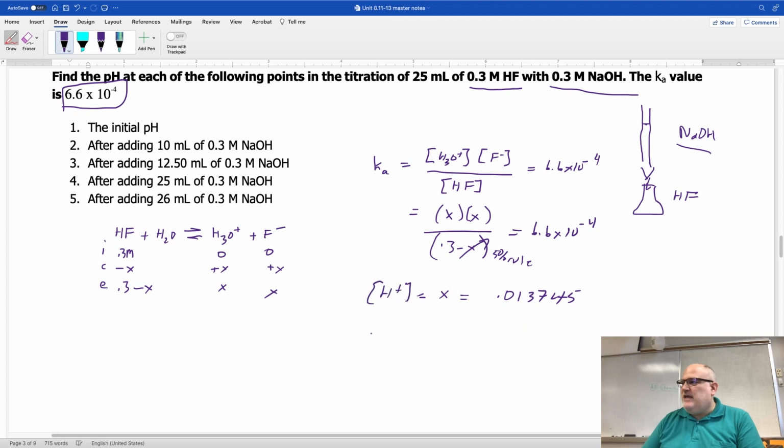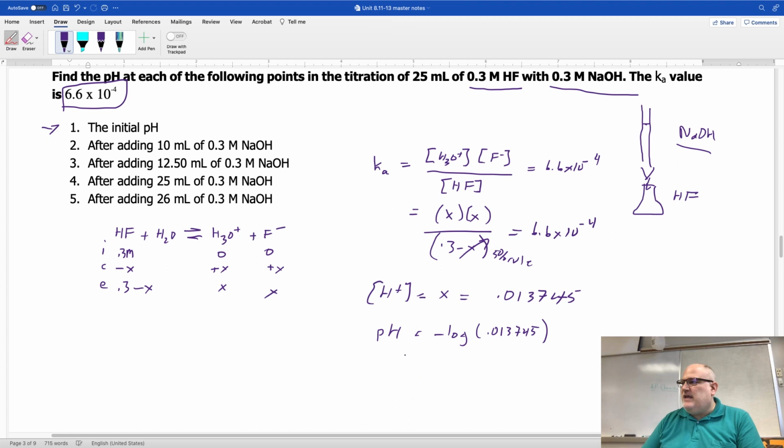Now, just a gentle reminder, we want to find the pH at each one of these 5 points here. So we're working on this one right here, and the pH is always the negative log of our H plus concentration, which in this case would be negative log of 0.013745. I'm keeping these numbers in here because I can.